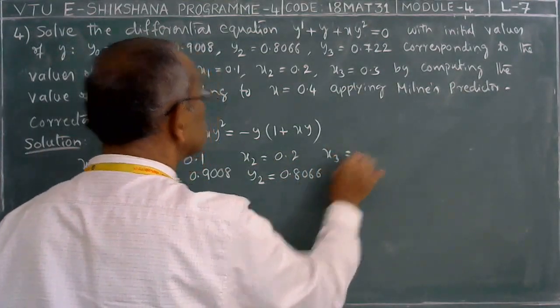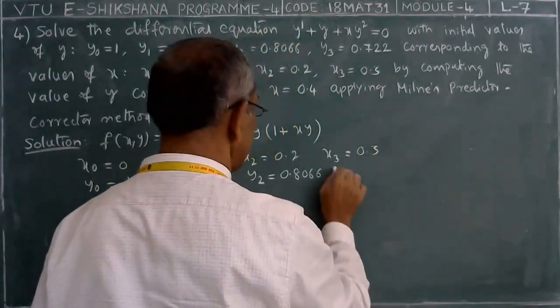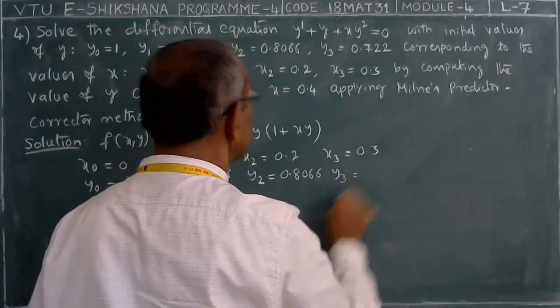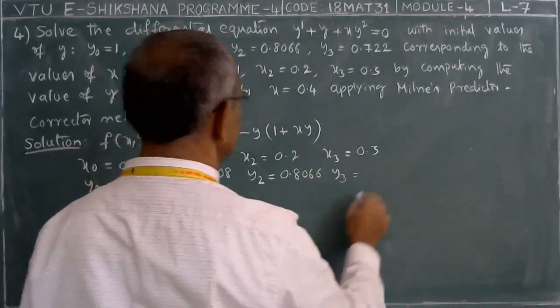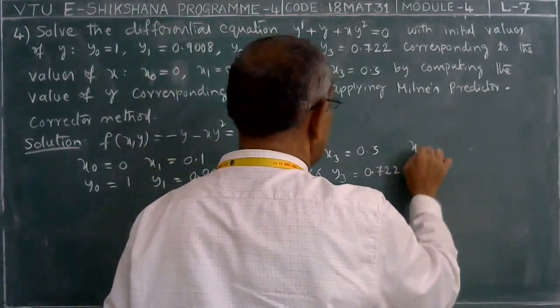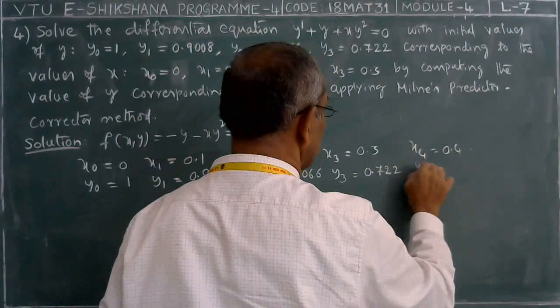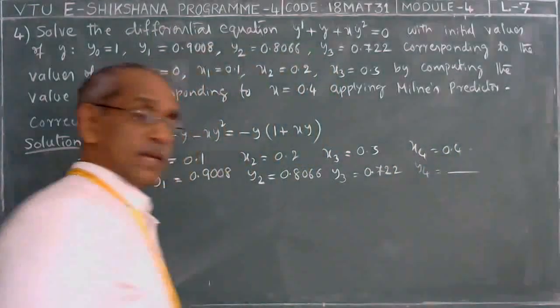Then x3 is 0.3. Corresponding value y3 is 0.722 and x4 is 0.4, and y4 we need to calculate.